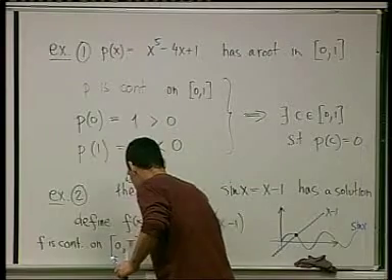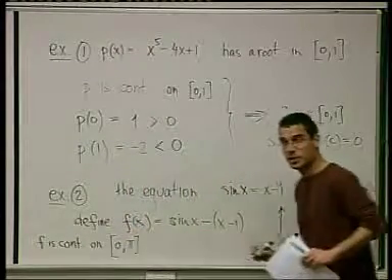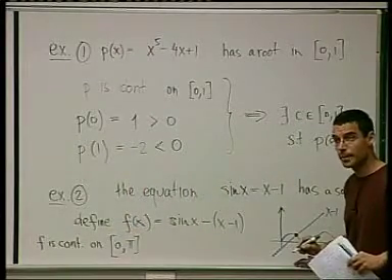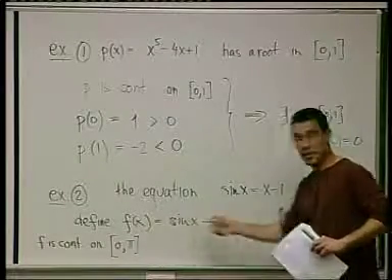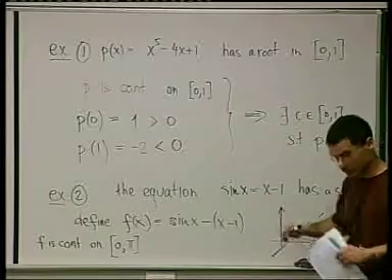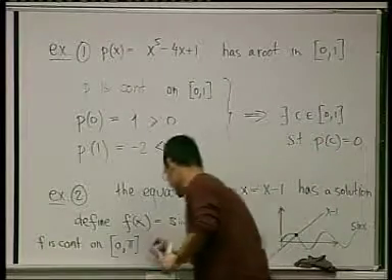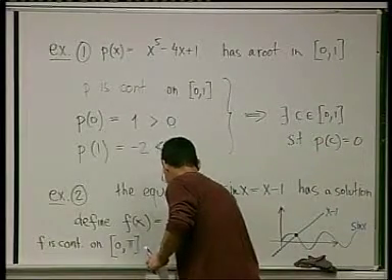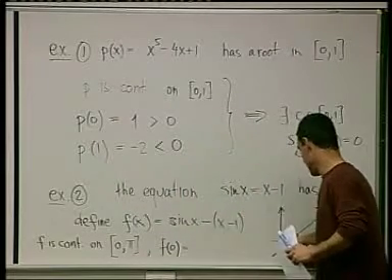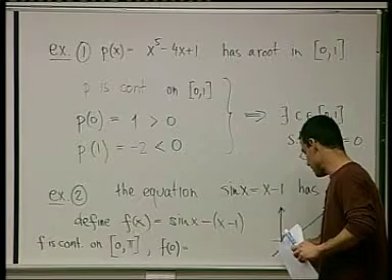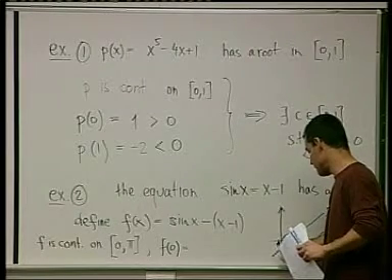On 0, pi. Why is f continuous on this interval? It's elementary. It's a difference of elementary functions, right? So that's one fact. F at 0, I know it's going to be negative because sine is bigger than x minus 1 at 0.